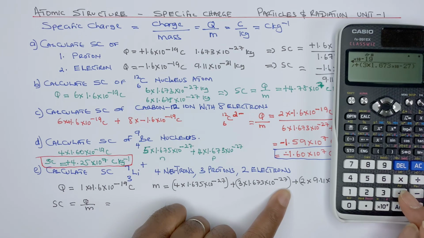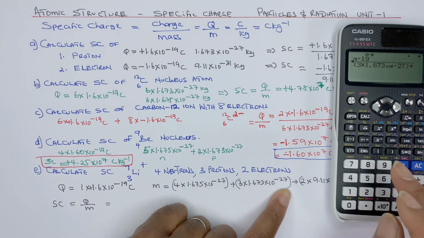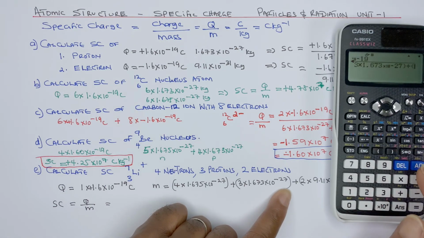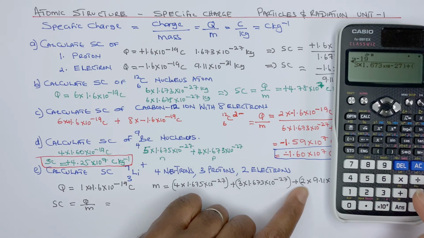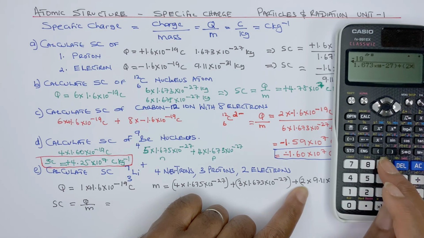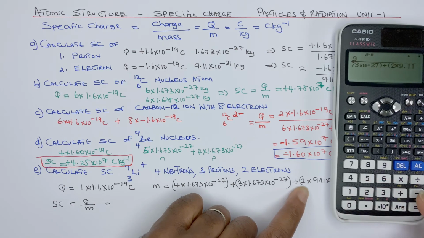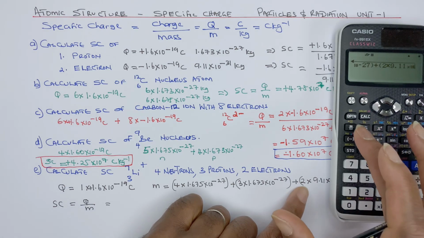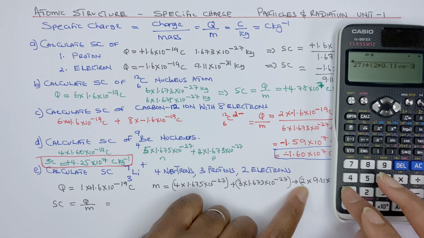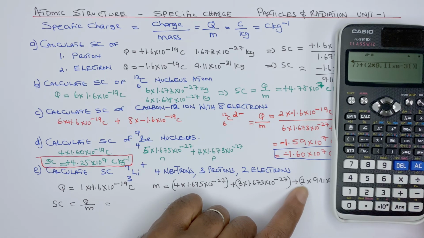And then plus, again, I have to open a new bracket there for the electrons. So that would be 2 times 9.11 times 10 to the power minus 31, close bracket, for the electrons.